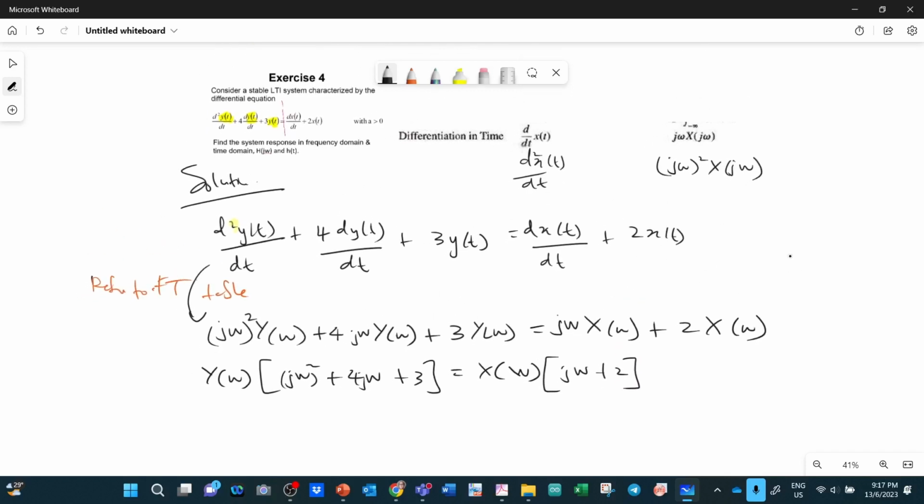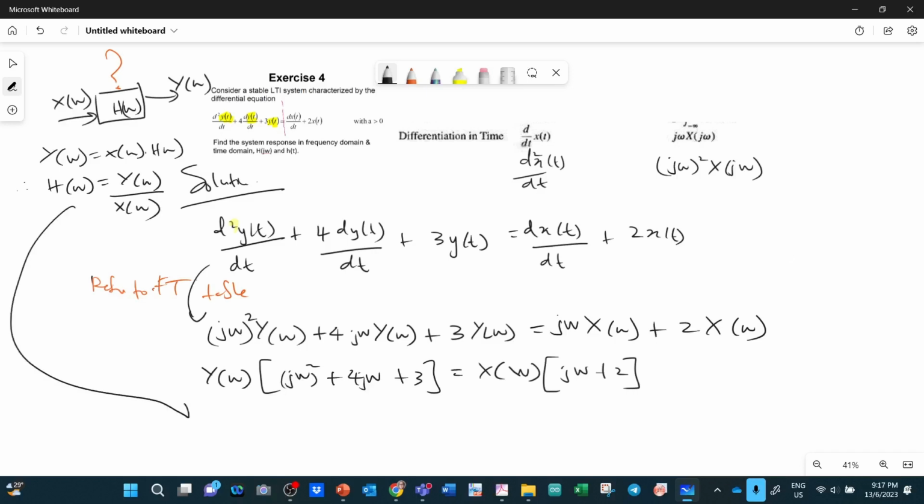Okay, and as usual, since we need to put it in terms of equation, you have here input X(ω), output Y(ω), so you have H(ω). What we want to find is H(ω). You don't need to actually memorize it. Y(ω) is X(ω) times H(ω), therefore H(ω) equals Y(ω) divided by X(ω).